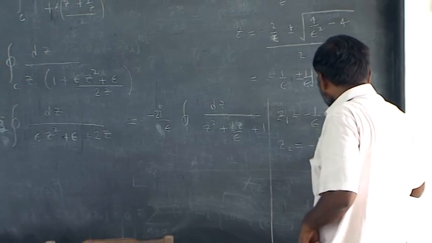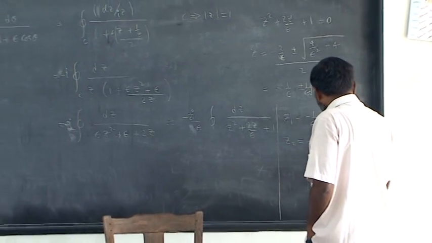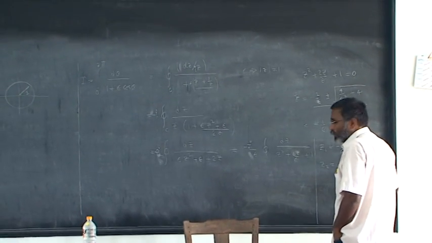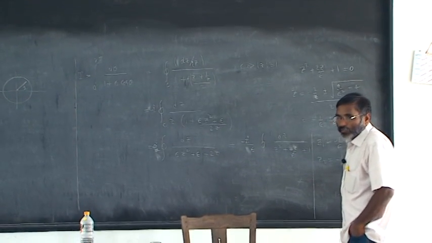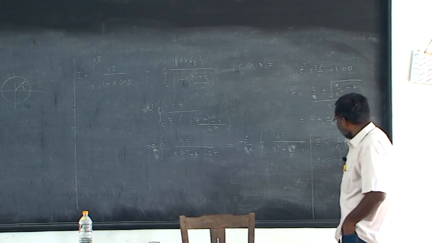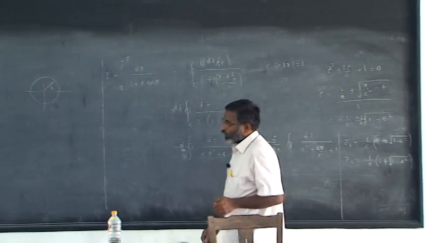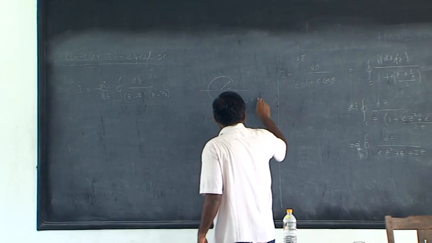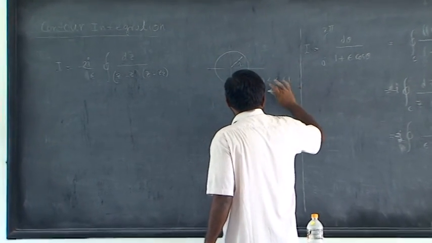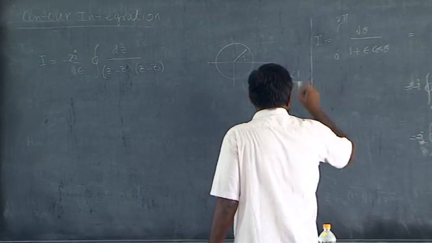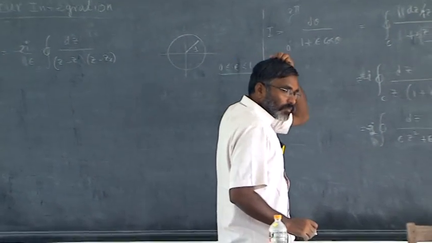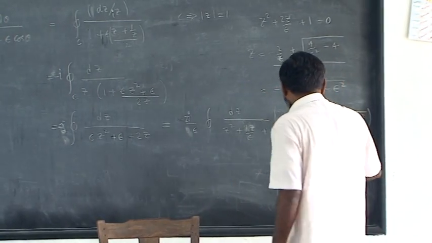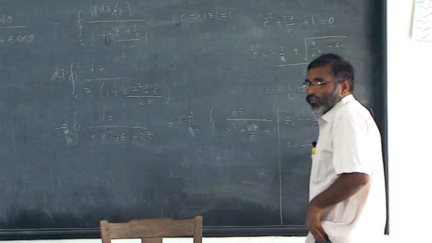Here we have to assume a range of epsilon. Let's say epsilon is between 0 and 1. Then this root z2 will never be inside.